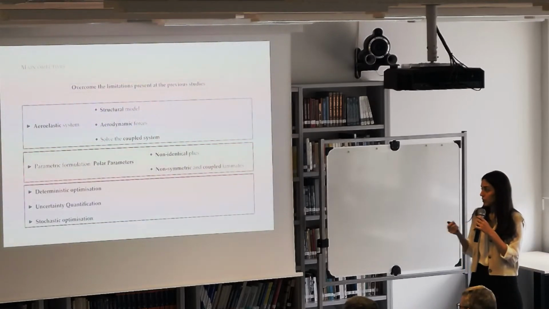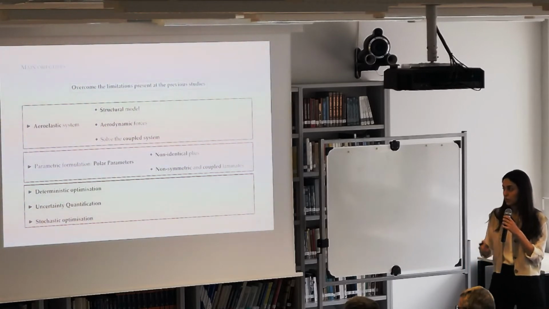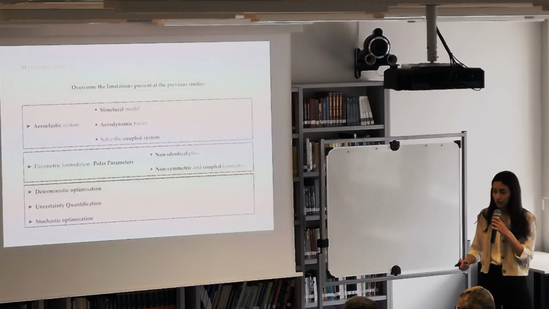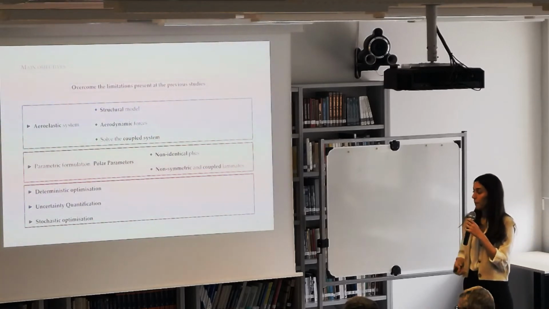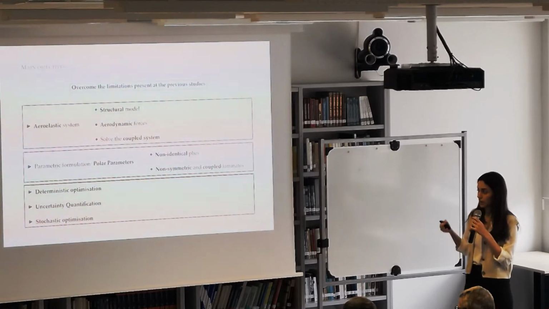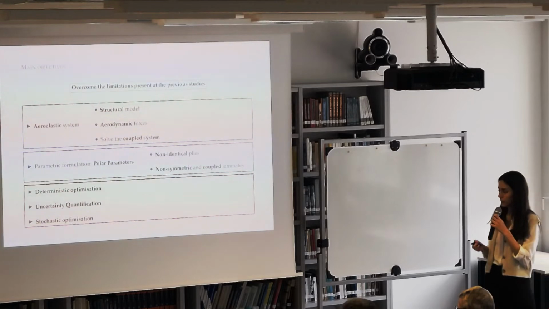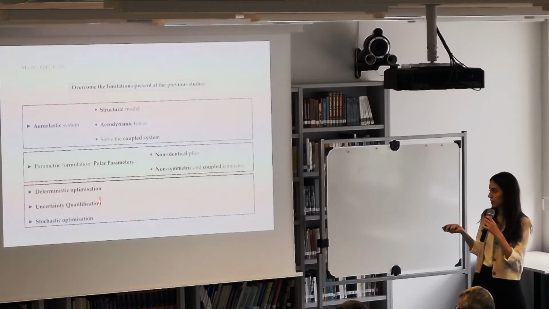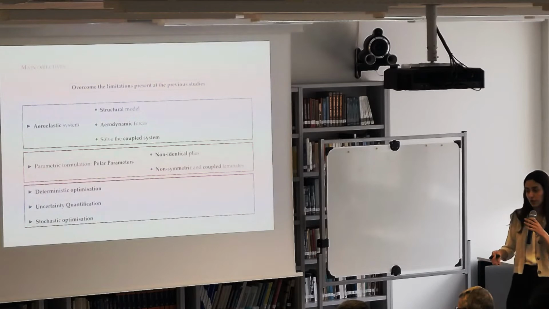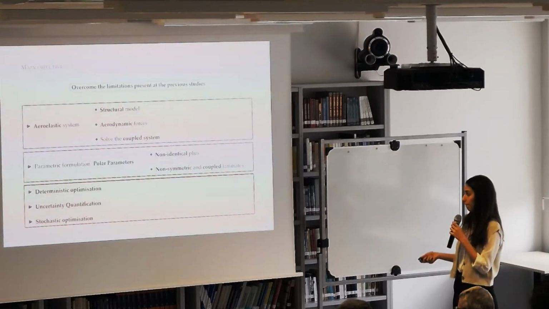Using these models and formulations, we will conduct a deterministic optimization at the beginning, during which we try to improve the aeroelastic behavior of our composite structure. We will then consider uncertainties over the optimal cases and conduct an uncertainty quantification analysis. And finally, we will do a stochastic optimization which mainly combines these two steps by taking into account the parametric uncertainties during our optimization problem.